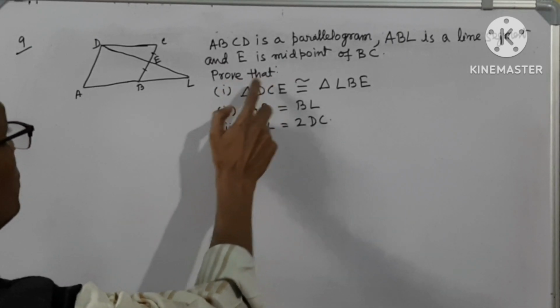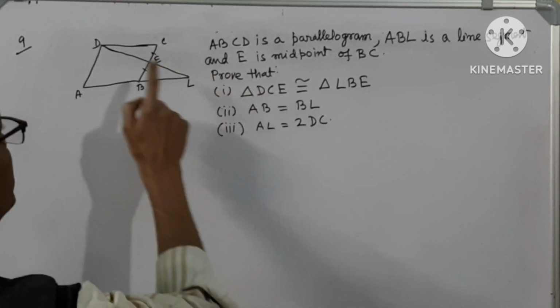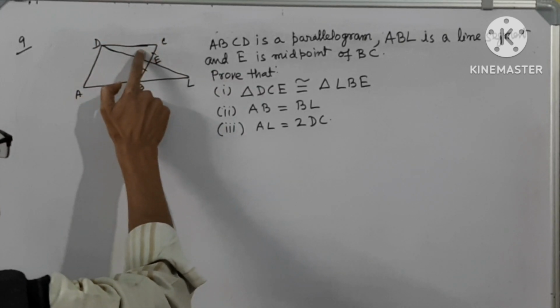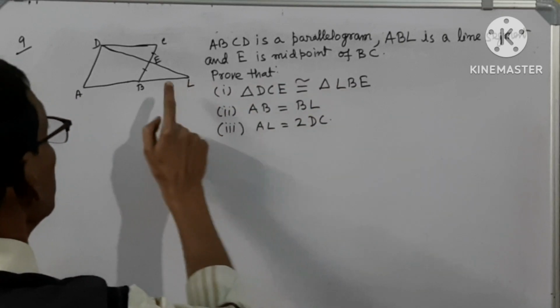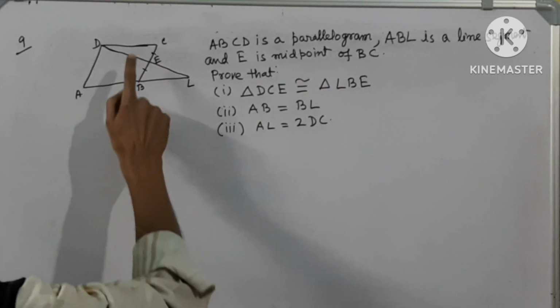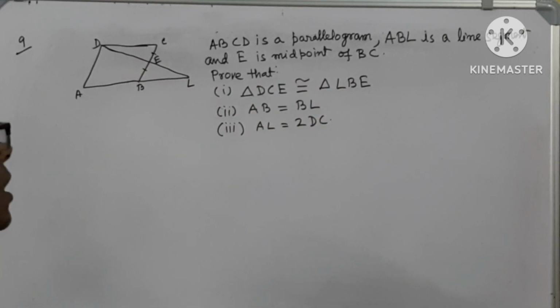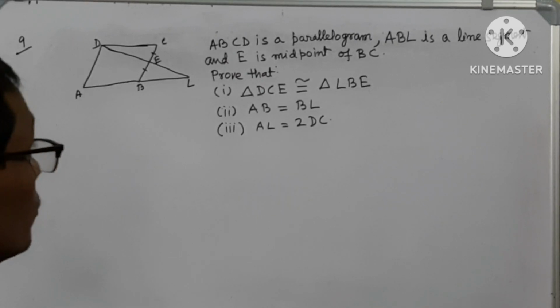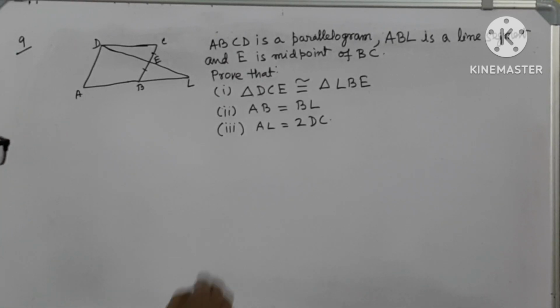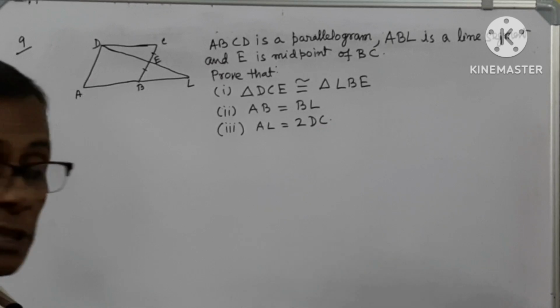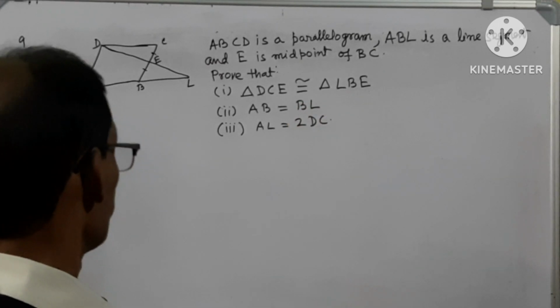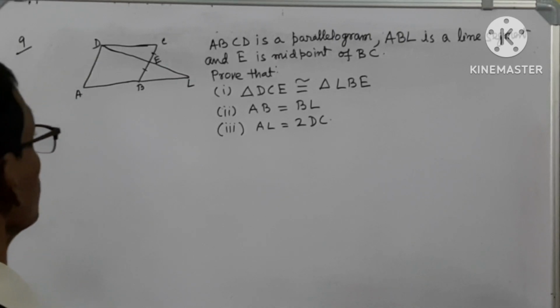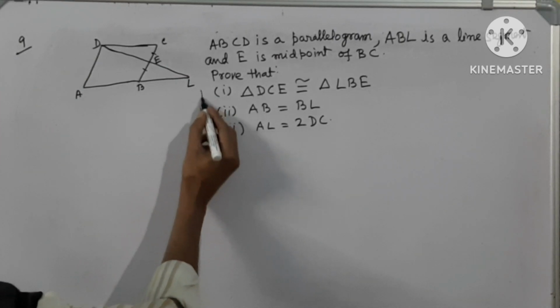Then you have to prove triangle DCE congruent to triangle LBE. This triangle and this triangle we have to prove congruent. And then another two things are also there. We'll do it stepwise. Let us first do the first one.